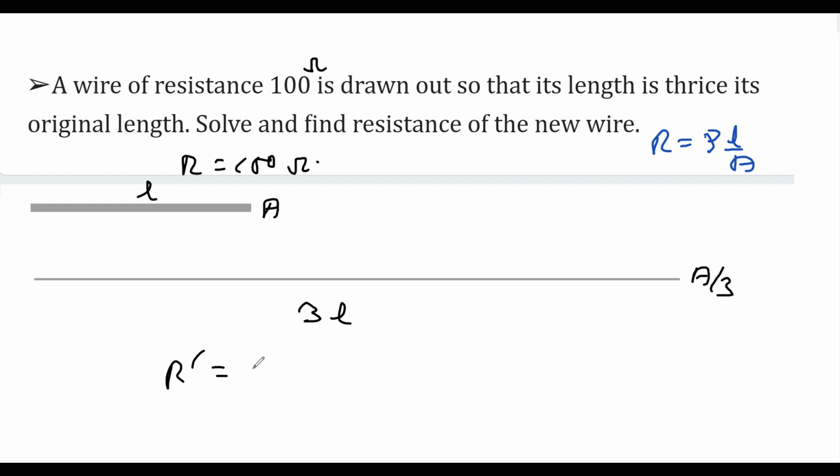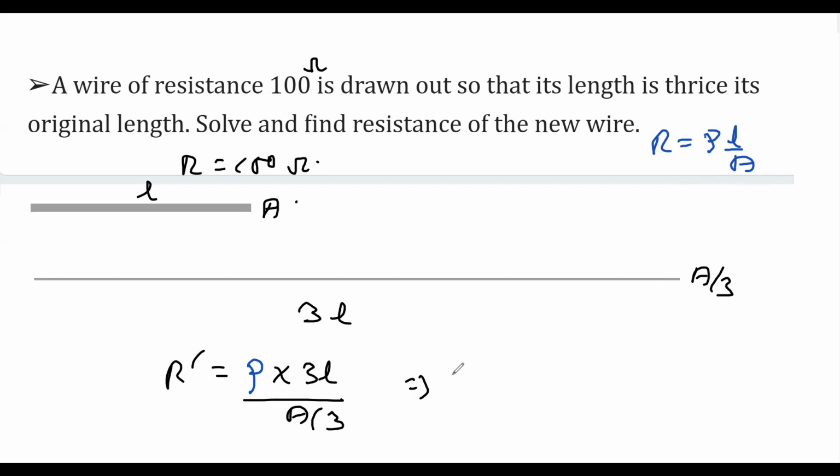Let's say the material is not changed, so I'll write rho as rho, but the new length is thrice. So I will replace the new length with 3 times L, and the new area, that is this A, I'll replace with A by 3.